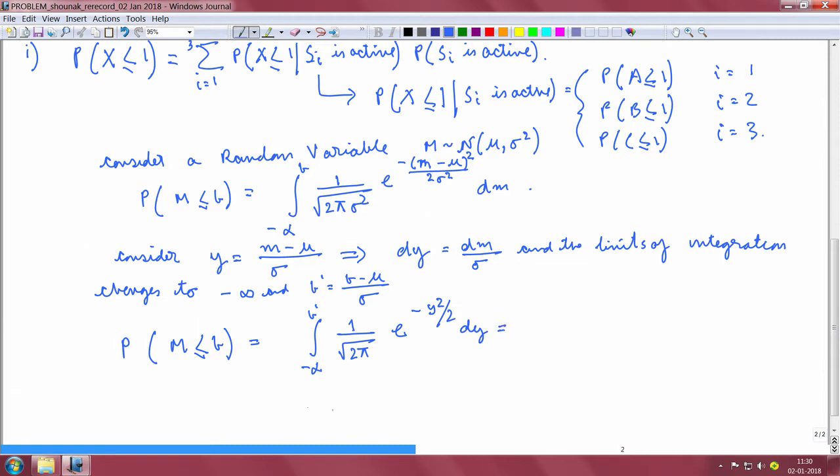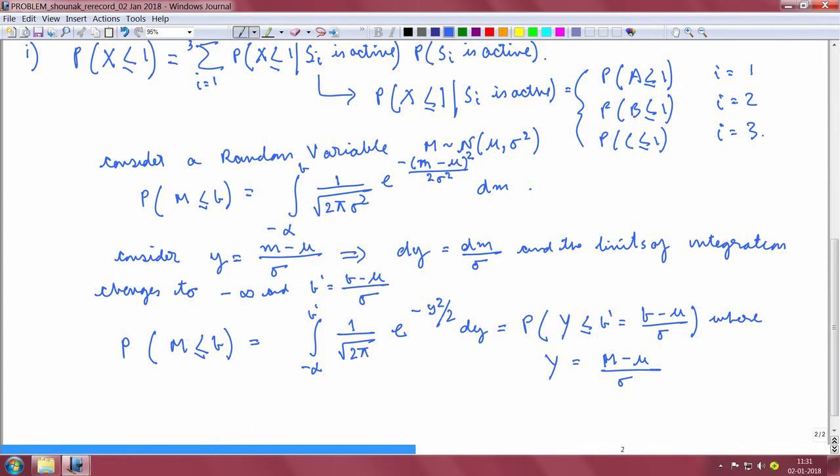If you now look at the right-hand side, you have y less than or equal to b dash, equal to b minus mu by sigma, where y is equal to m minus mu by sigma. So, this obviously looks a little less messy. As you can see, this is a zero mean and variance one probability distribution.